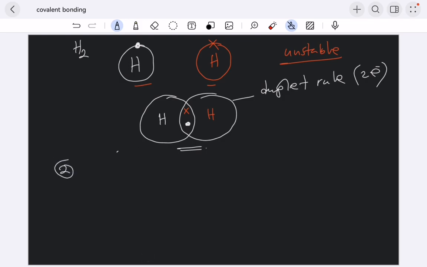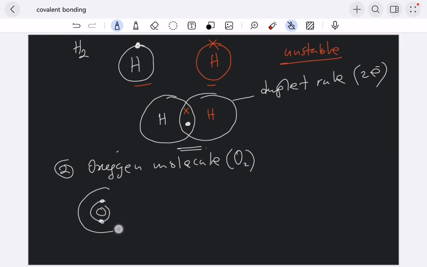Let's look at another example similar to this, the oxygen molecule, which is O2. So there's this oxygen with 2,6, and then there's another oxygen with 2,6.